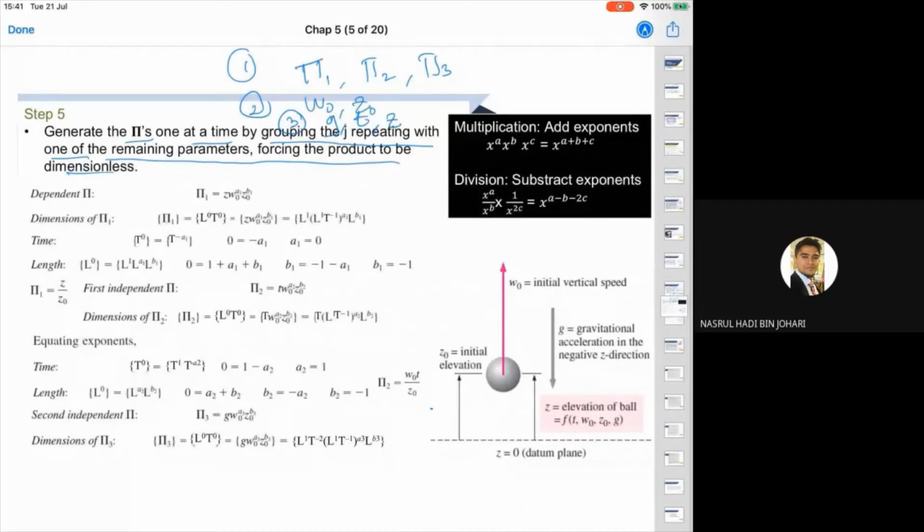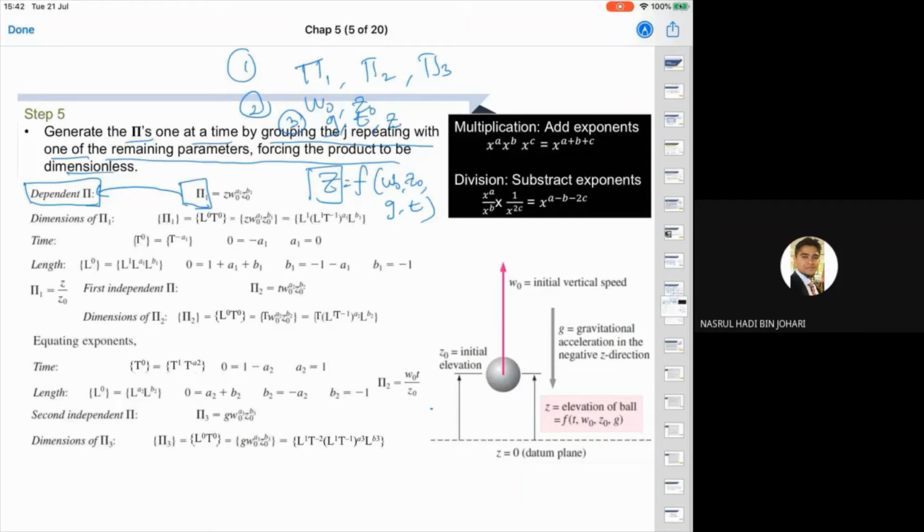So remember, the first pi here is dependent pi. Ingat tak? Tadi kita bincang banyak kali kan? First pi is dependent pi. So whenever it's dependent pi, it is actually the function of Z. Ingat tak tadi Z kan? Function of WO, ZO, G and T. So Z here is dependent. Okay? So Z, you put the Z here.